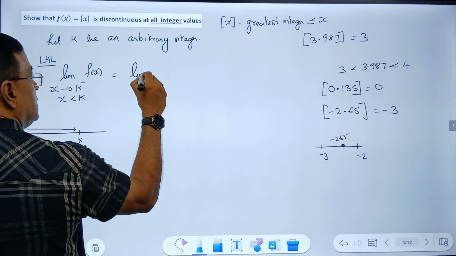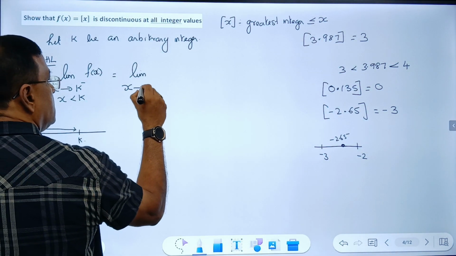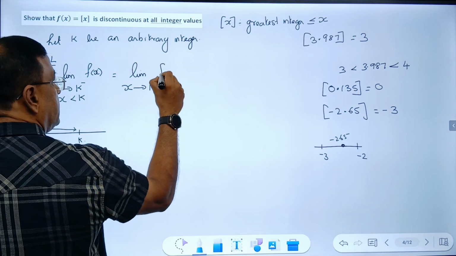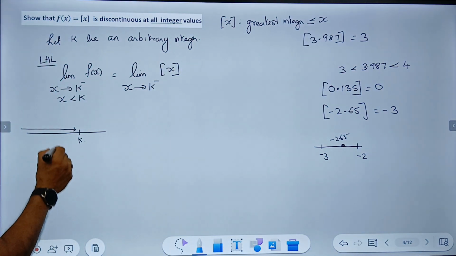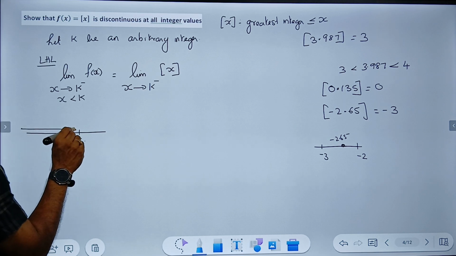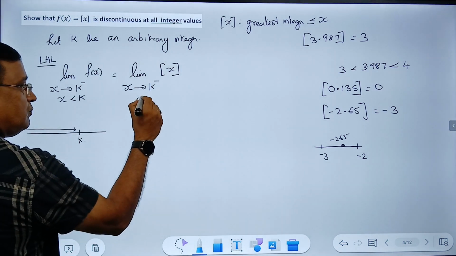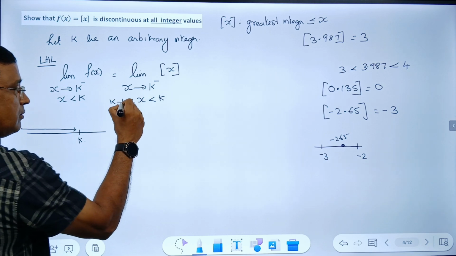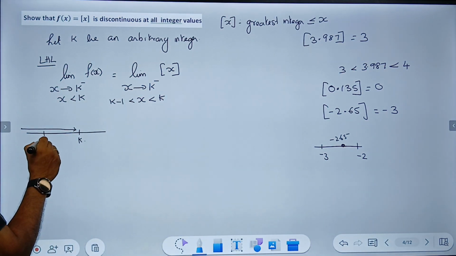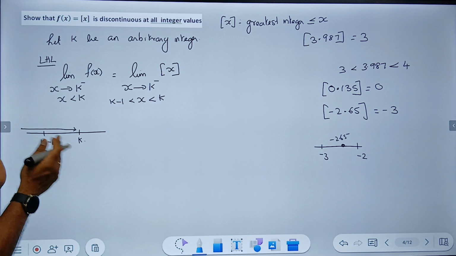So what will that be? Limit x approaches K minus of the greatest integer function of x. So when I say my x is approaching K from the left side, my x value will be between K and K minus 1.